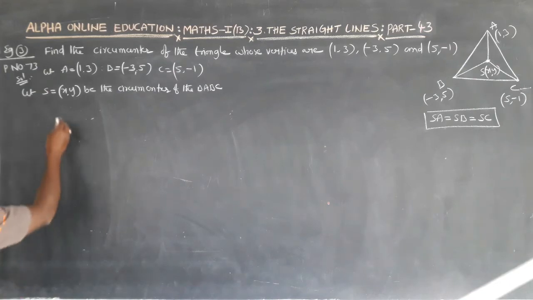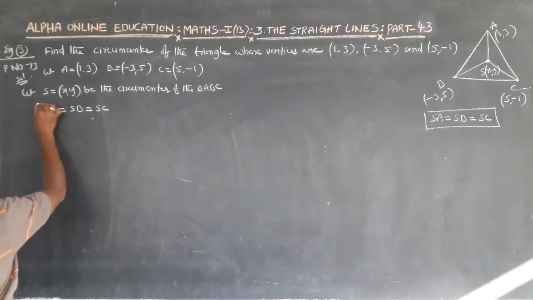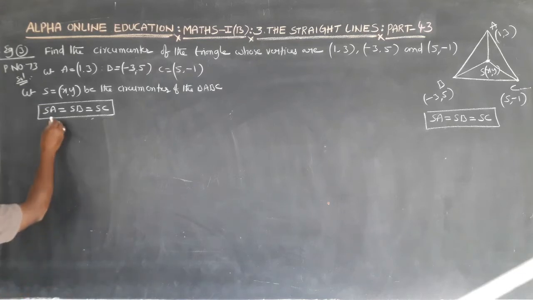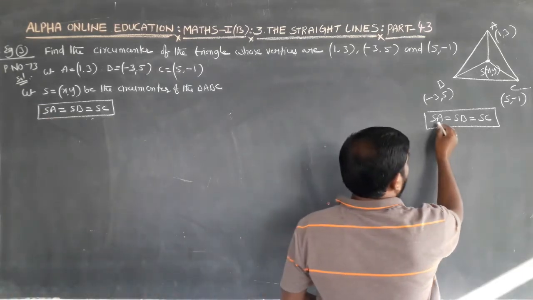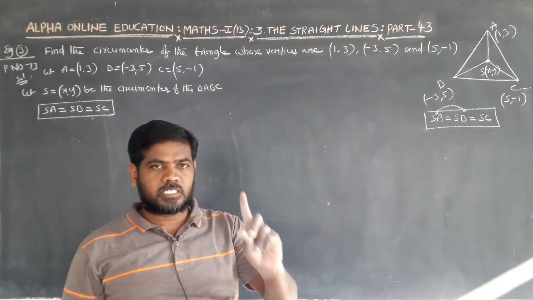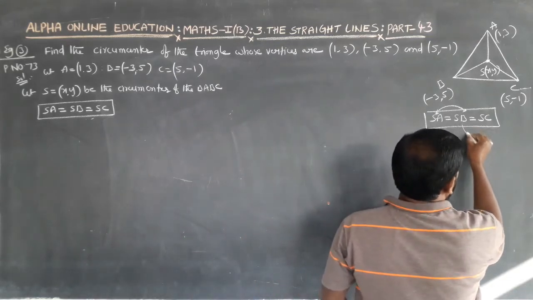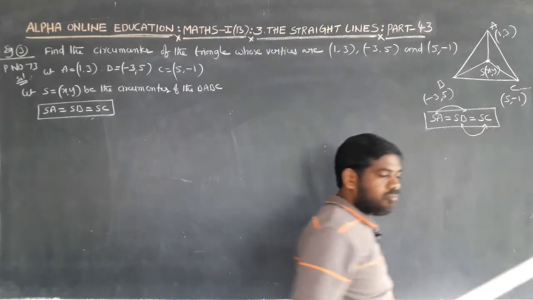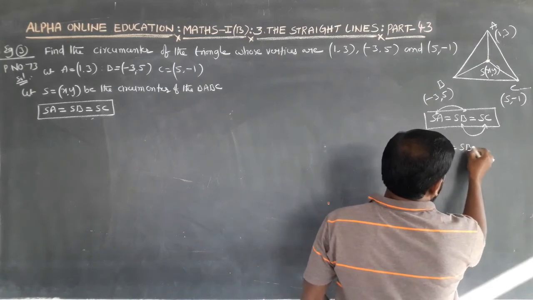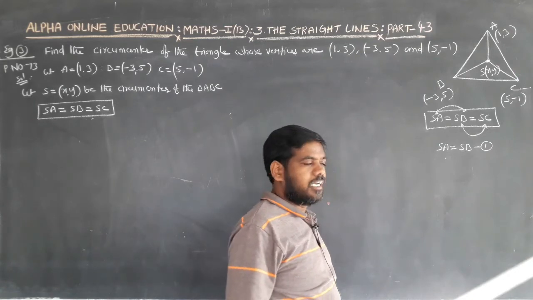First, equating SA equal to SB, we get one equation in x and y.